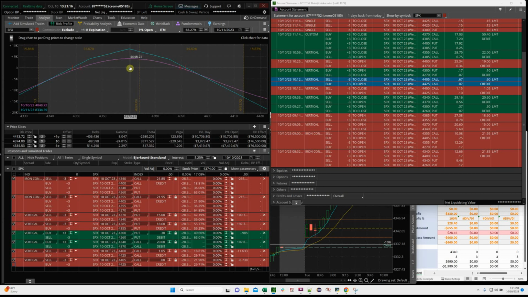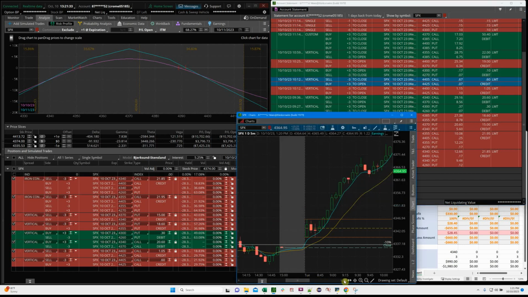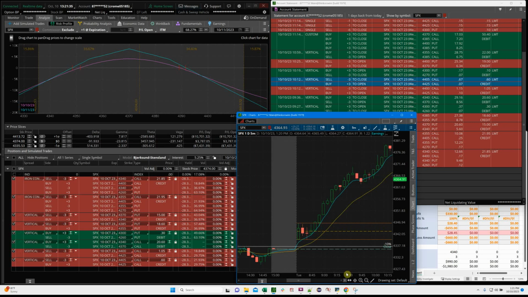Now, one of the things that I want to show you, I'll go ahead and put these other trades in. I went ahead and rolled the put up to actually increase the buying power again. And this is at, let's say 1020. 1020 is right here.